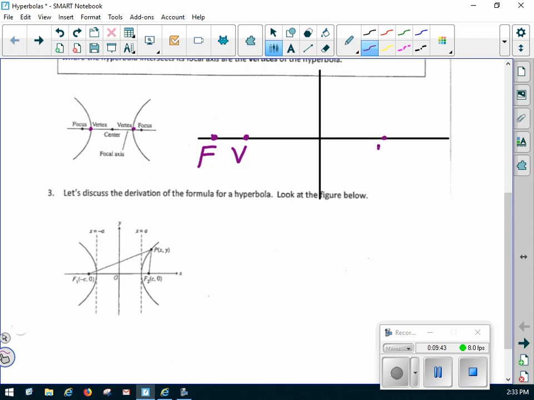So we have a vertex and we have a focus. Now, the center is halfway between the vertices or halfway between the foci. This line that the foci and the vertices lie on is called the focal axis.